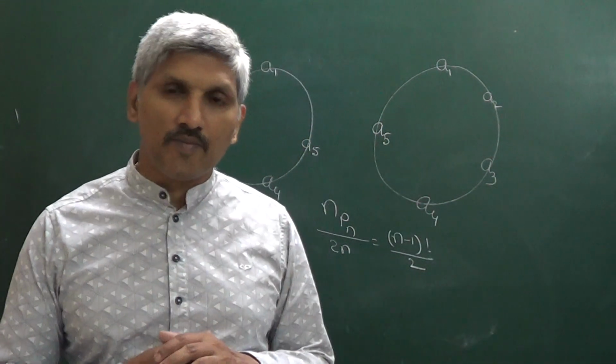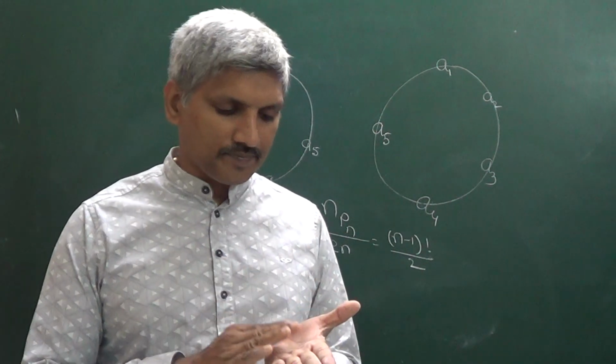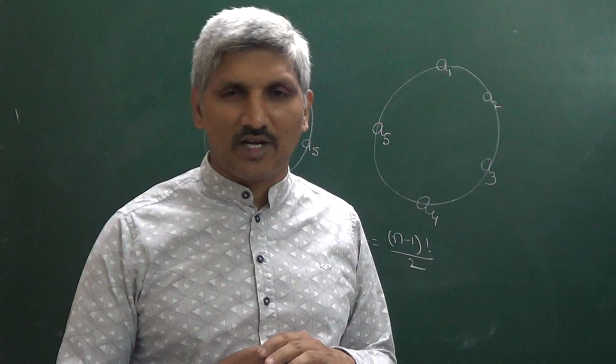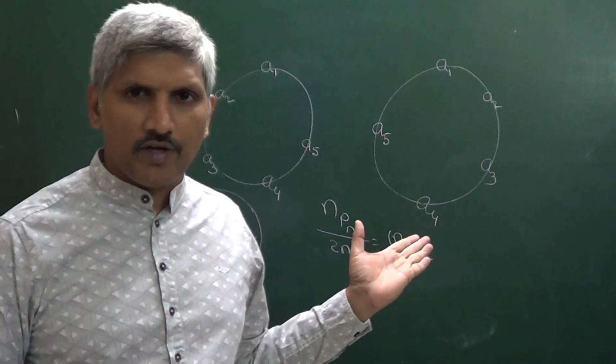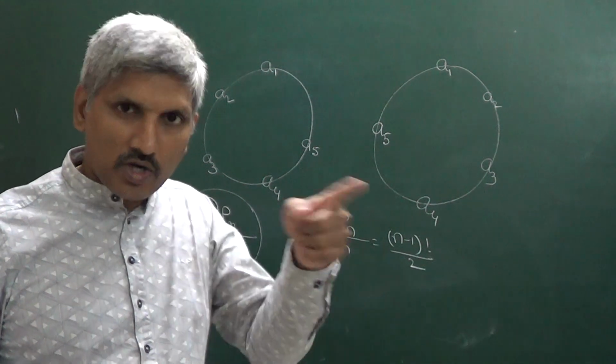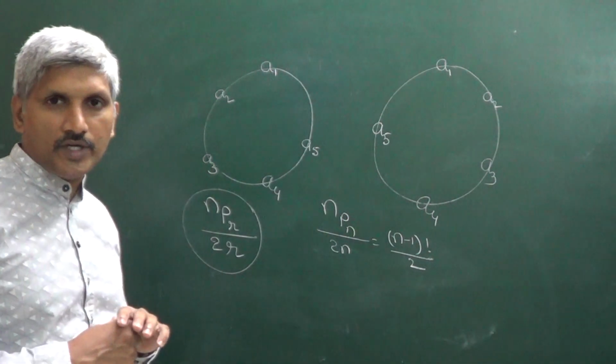So one more example I am taking, where there is no use of clockwise and anti-clockwise directions. Suppose 5 members came for a dinner. They are sitting at a round table for dinner.